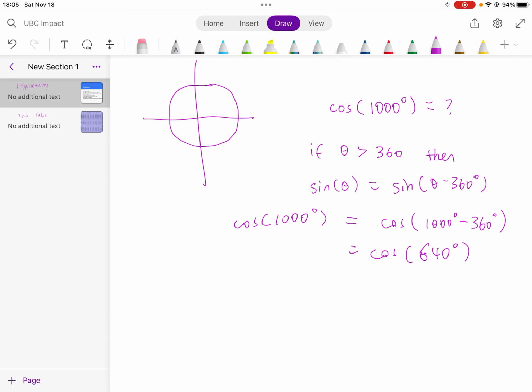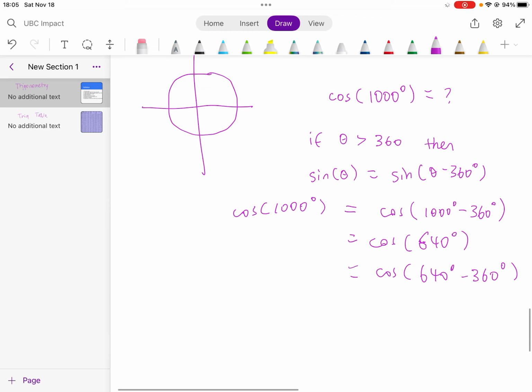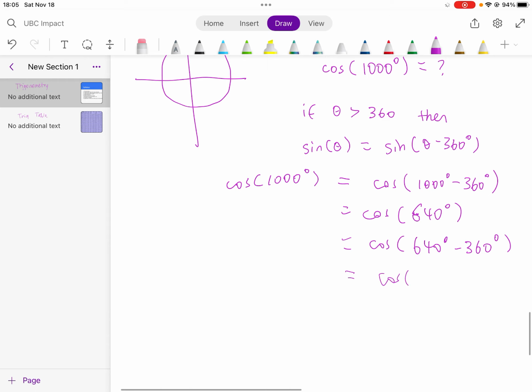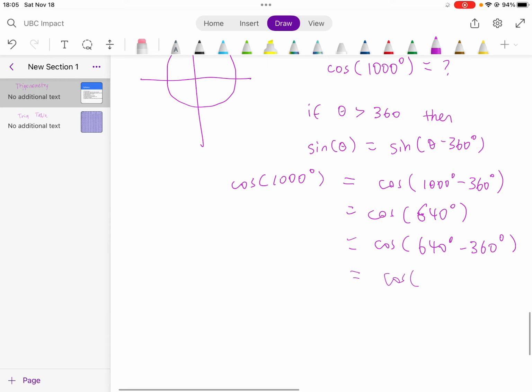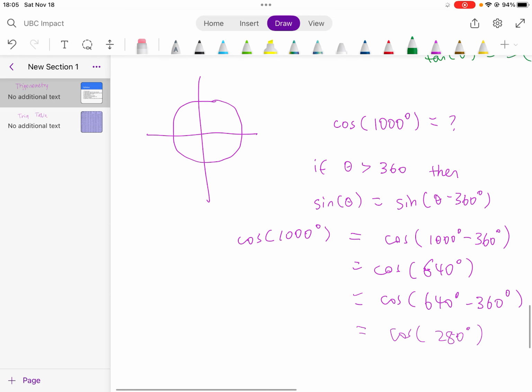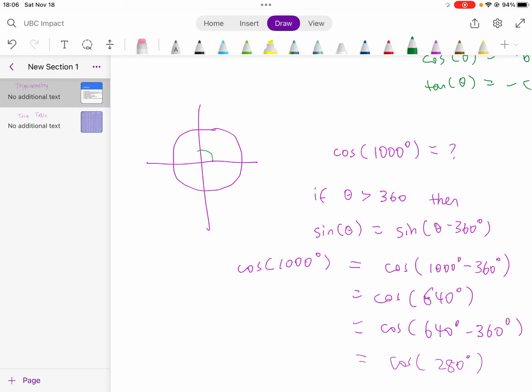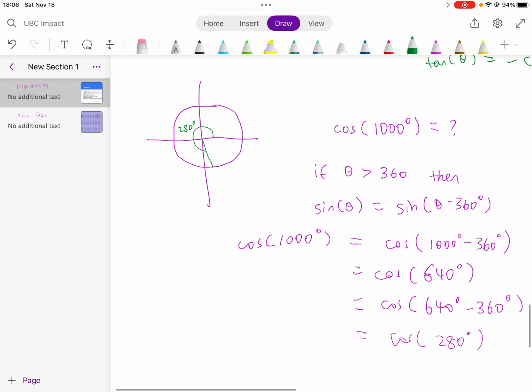And 640 degrees is still bigger than 360 degrees, so we can shave off another 360 degrees. And what this gets us is 280 degrees. And then 280 degrees, if we draw it from the origin, it will be right here. This is 280 degrees. It's in the fourth quadrant.